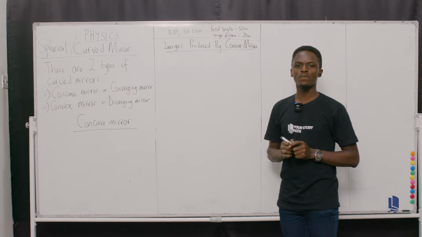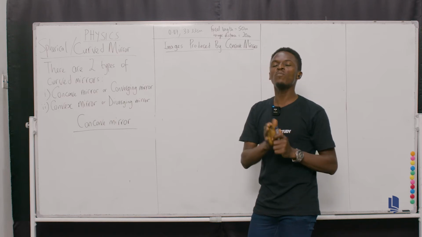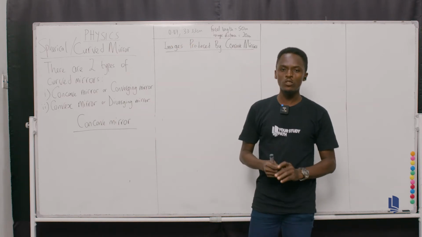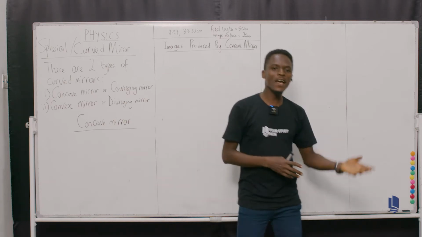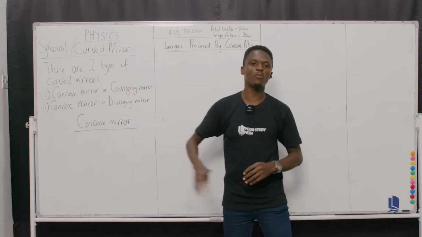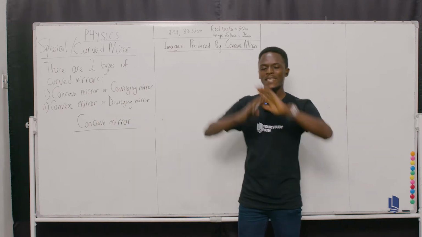This is where we are driving at, and here is the catch. Your textbook has written plenty of things and plenty of diagrams for you, which you will see: 2F, F, principal axis. When the object is positioned at this point, it produces images and everything.